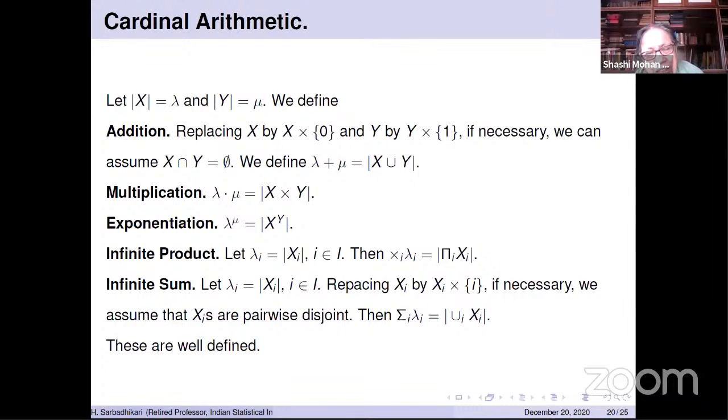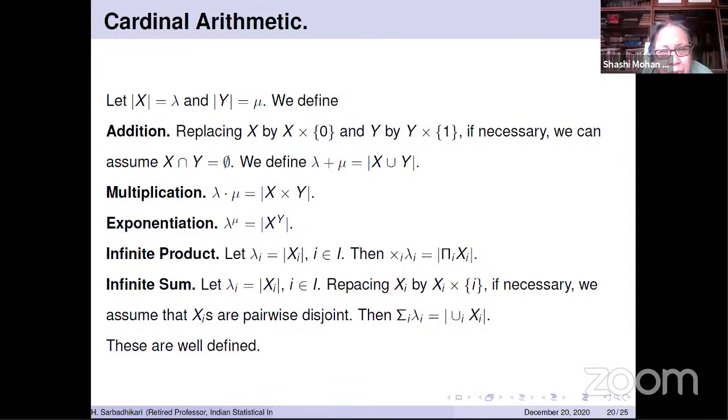Take the union. And the cardinality of that is lambda plus mu. By definition, I call it lambda plus mu. Is that clear? And if you do it with finite sets, you will see that it agrees with your usual definition.